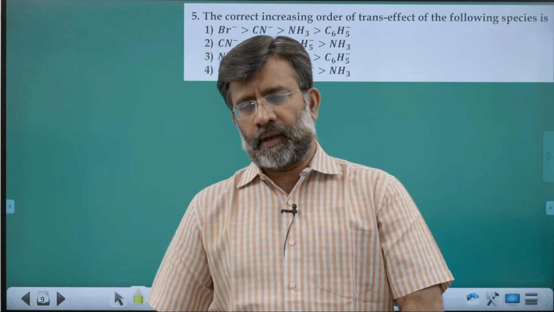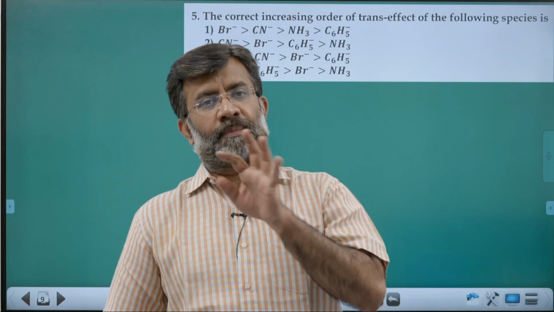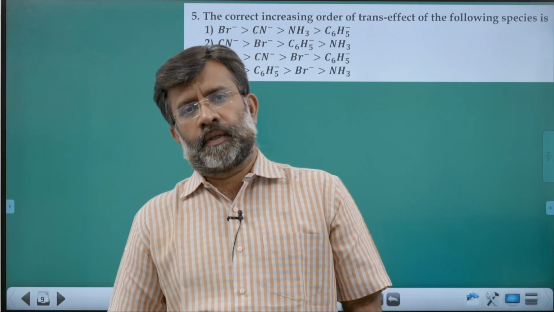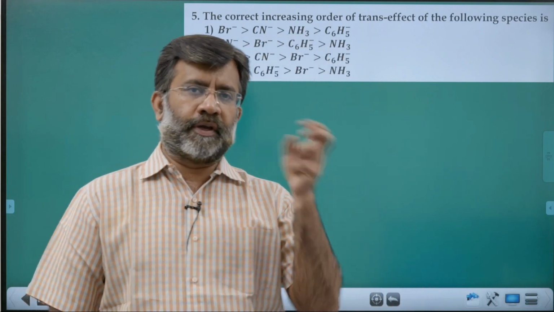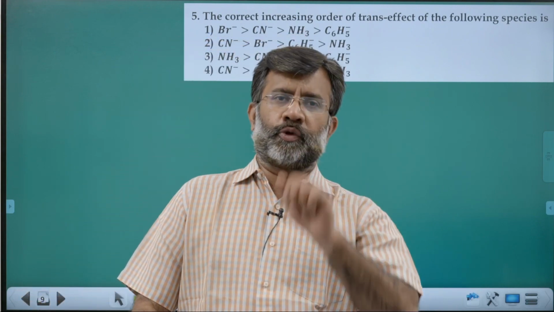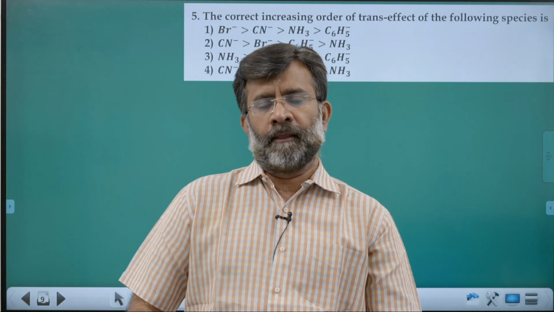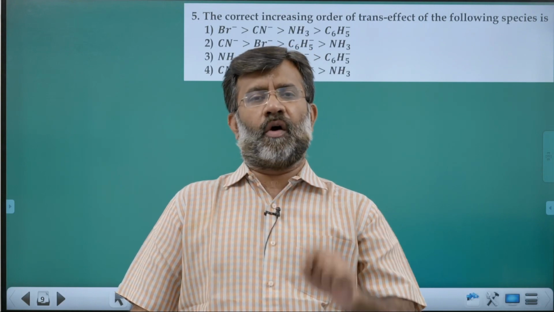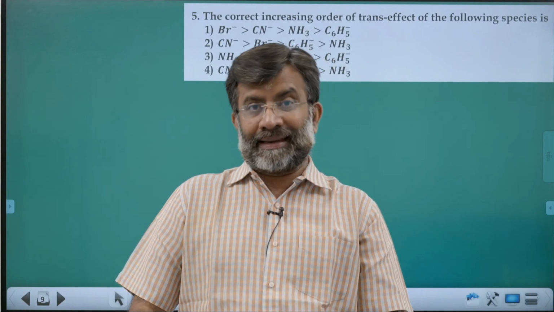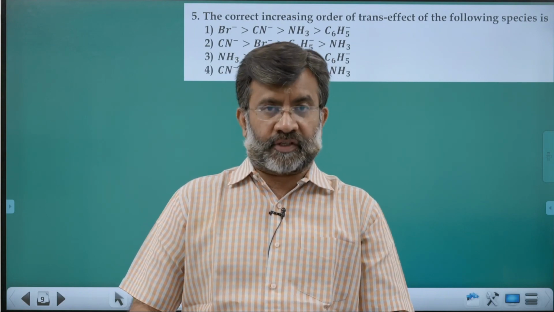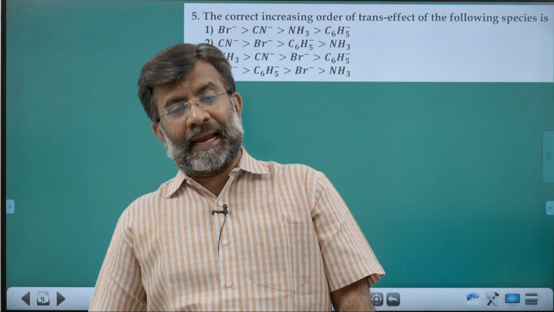Imagine, in a complex, a ligand is replaced. What will be the position of the new ligand? Suppose 2 new ligands are coming. Will it occupy cis position or trans position? That is formulated as the trans effect.